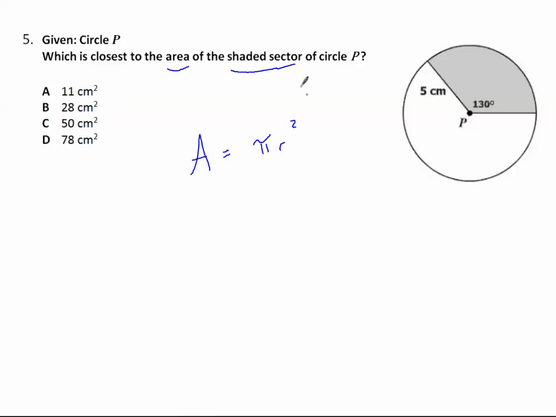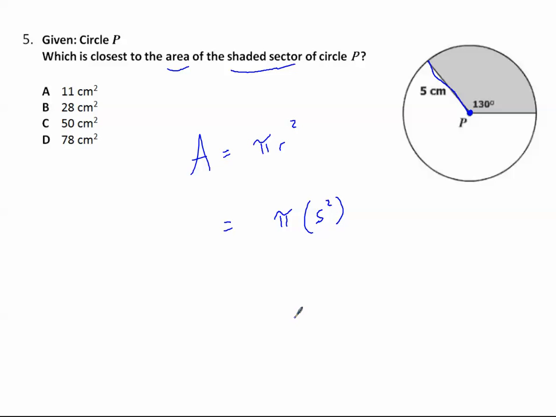Let's start by just plugging in what we know. If we wanted the whole area, we don't, but if we did, we would plug it in and do pi times our radius. Radius is from the center to any point on the circle. For this one, it is 5 times 5 squared. That's a 5. That might get confused for an S, but that's 5 squared.